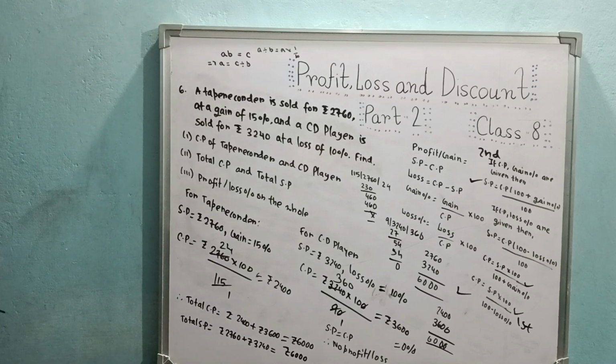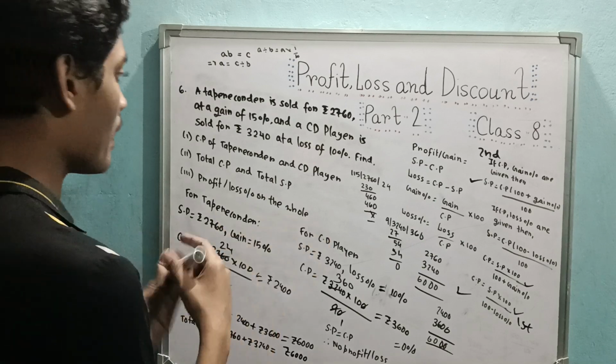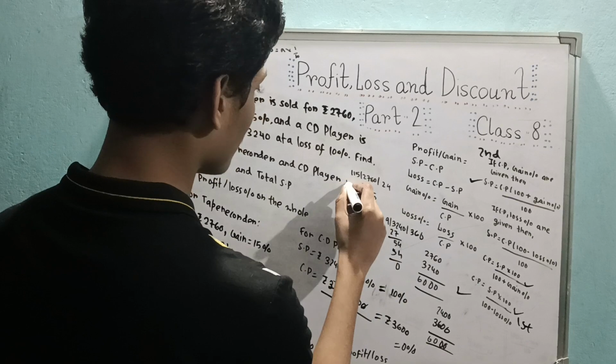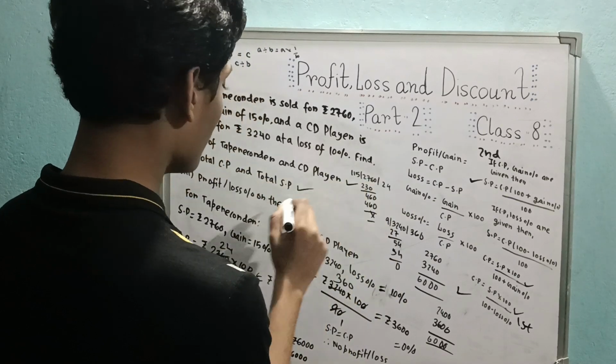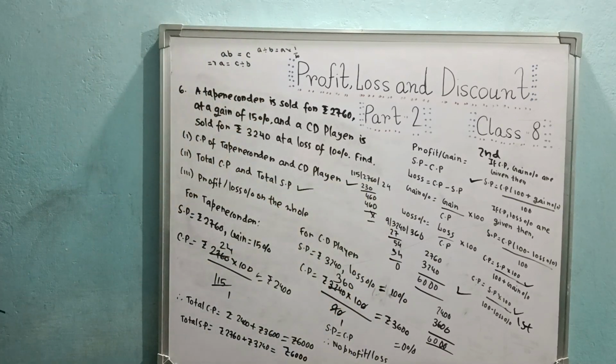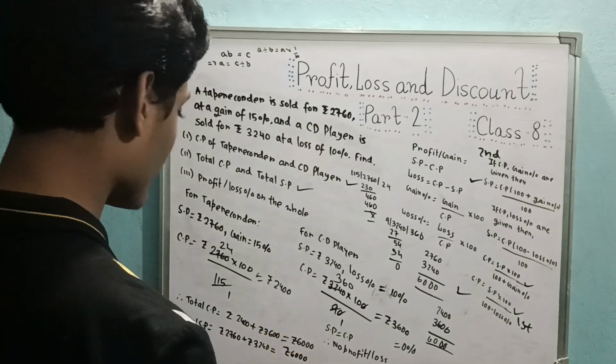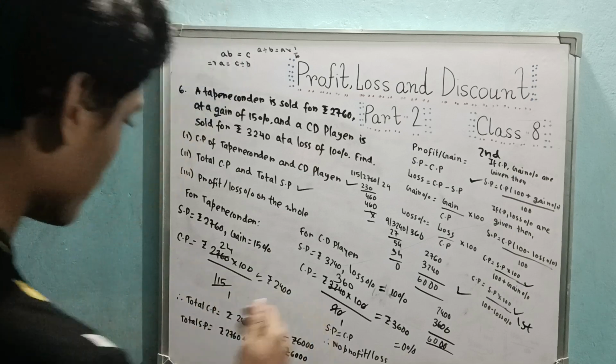This question is mad. In the second case, for this last part, the CP of the tape recorder and CD player, you can write them individually. This is done. This is also quite easy. But for this one, total profit or loss percent on the whole, calculate total CP and total SP to see which is greater, but remarkably we see that both of them are equal.